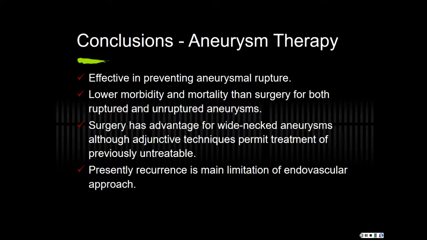Presently, recurrence is the main limitation of the endovascular approach. What that means is that with the endovascular approach, you tend to have a higher recurrence. But the trauma that's required to fix these things endovascularly is so far less than going in through the skull.